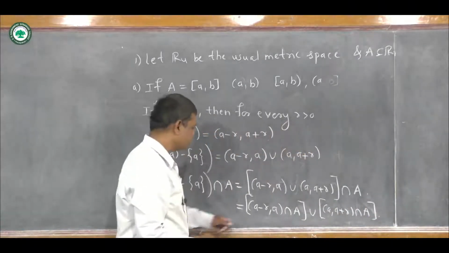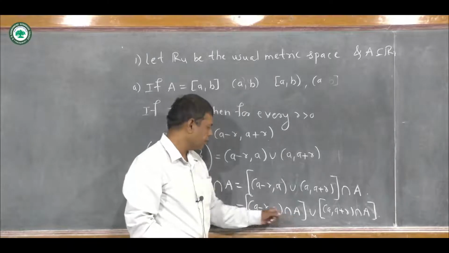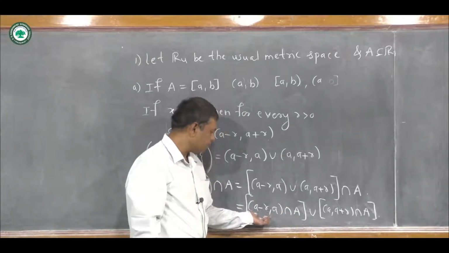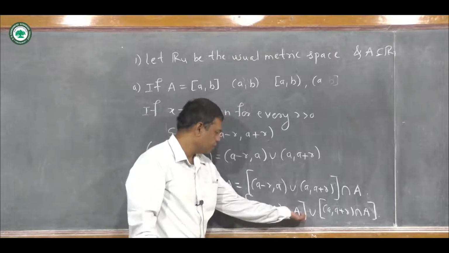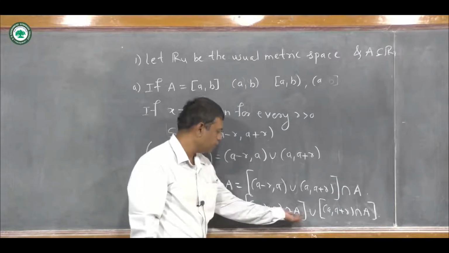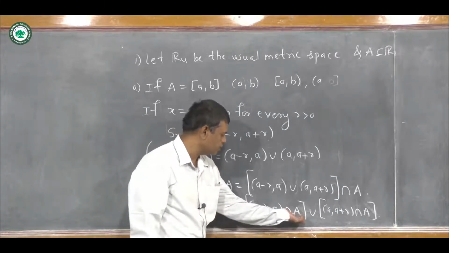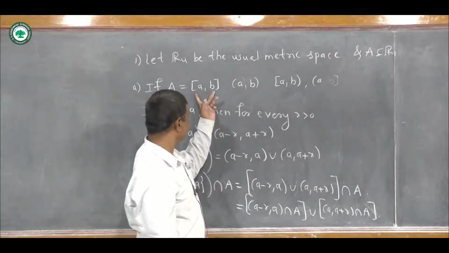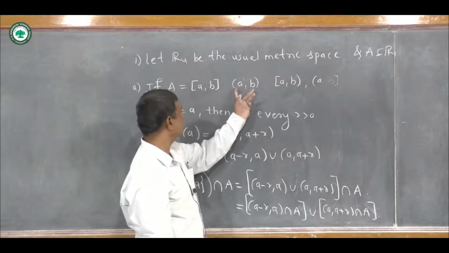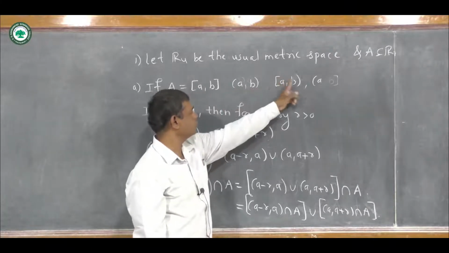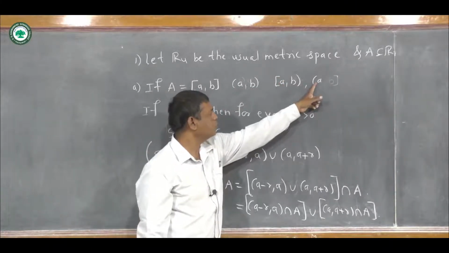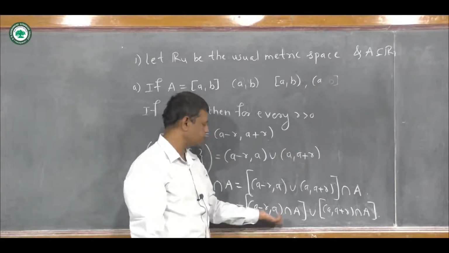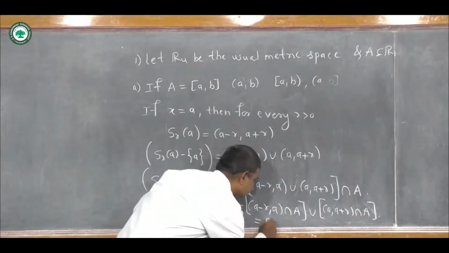Now here, if you consider the intersection of the open interval a minus r to a with the set A, where A is either the closed interval a to b, the open interval a to b, the closed-open interval, or the open-closed interval, then remember this intersection is always the empty set.